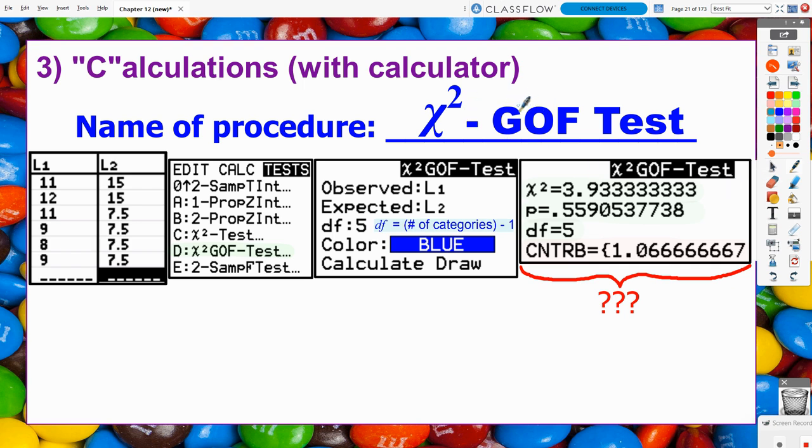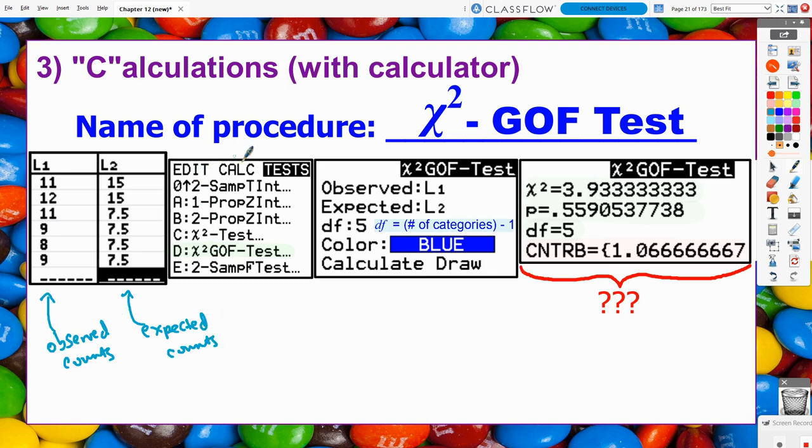This is a goodness of fit test. First, we need to put preferably our observed counts into list 1, and type in our expected counts, preferably in list 2. Observed in list 1, expected in list 2.